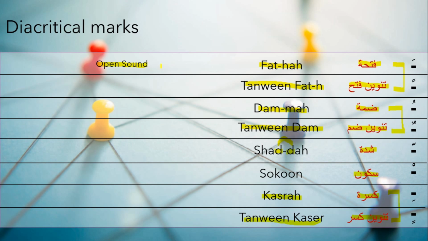So fatha is an open sound, as if you're saying, if we use it over the letter ra, for example, we'll say ra. So it's an open sound. However, tanween fatha is an open sound as well, but we are using the letter n to add it to the sound.